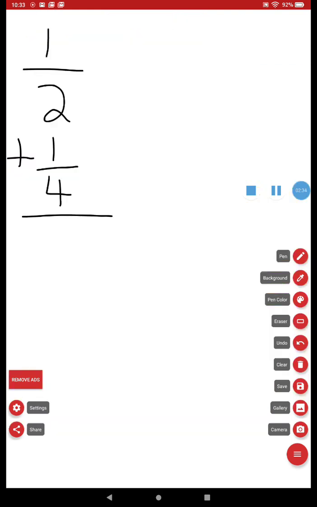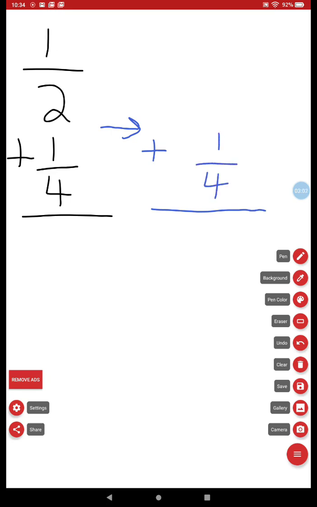All right, now let's prove it using number math. I'm going to start off with the same fraction, 1/2 plus 1/4. Now what I'm going to do is I'm going to change it, okay? So to change it, let's rewrite the addition sign and the equal sign. Now remember, which one am I going to change, 1/2 or 1/4? Very good, I'm going to change that 1/2. That means I can rewrite the 1/4 over here.